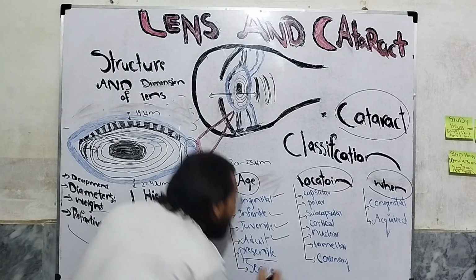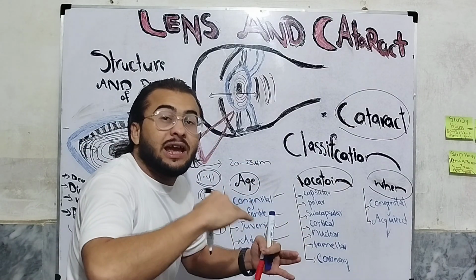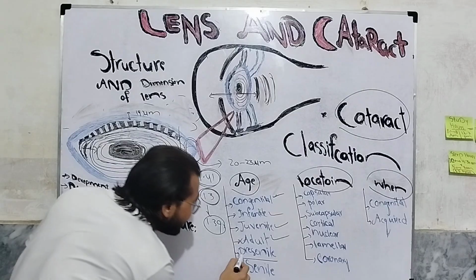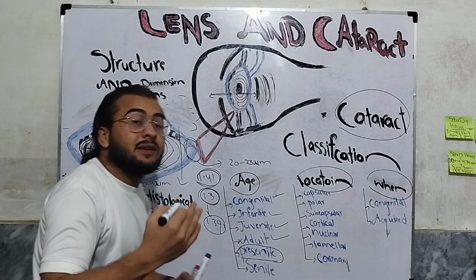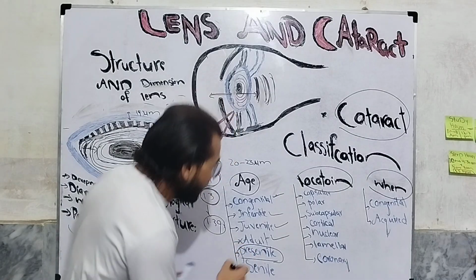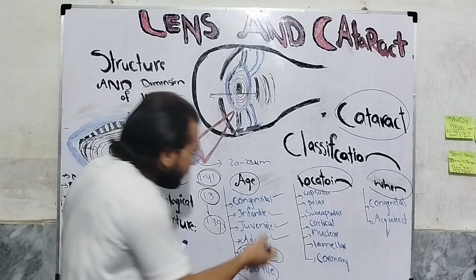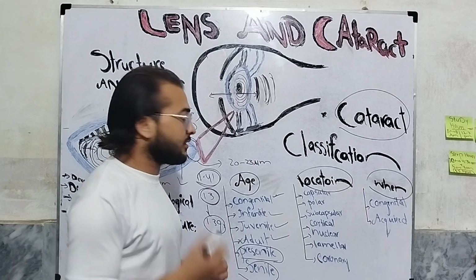We have pre-senile cataract, in people around 40 and mid-age. And when cataract appears in older individuals, it is called senile cataract.